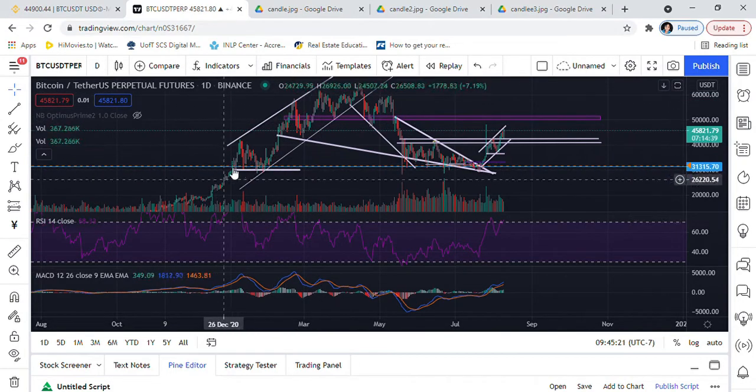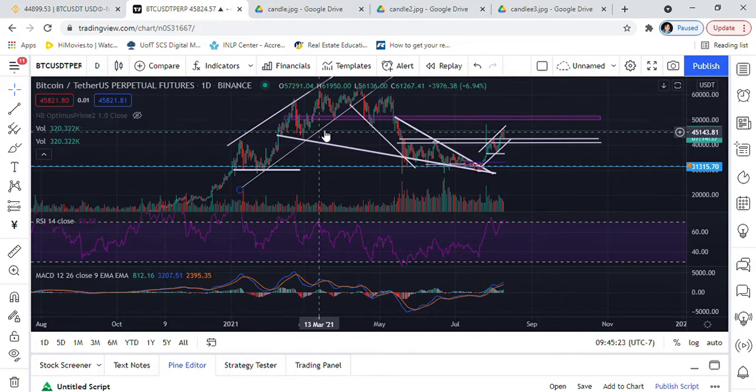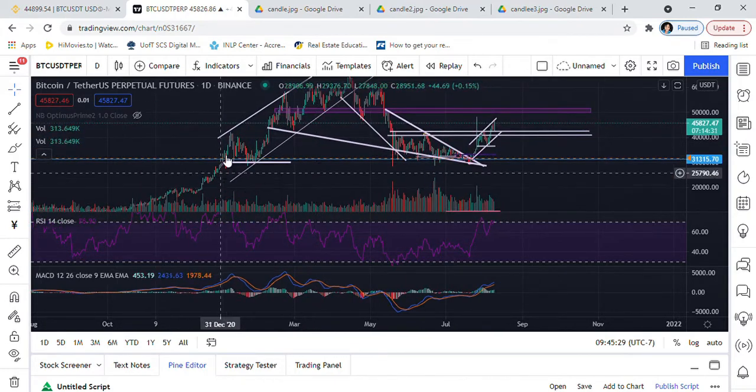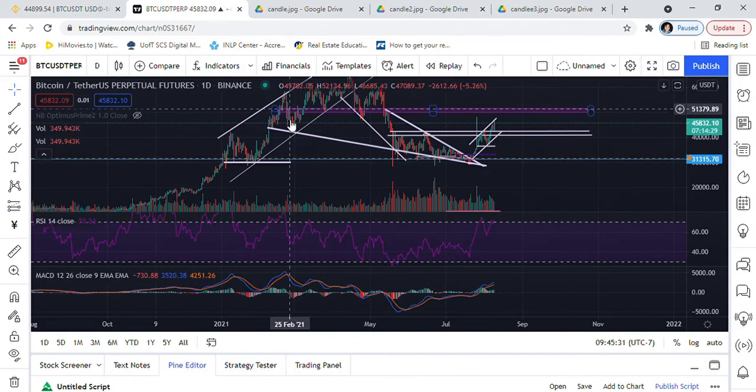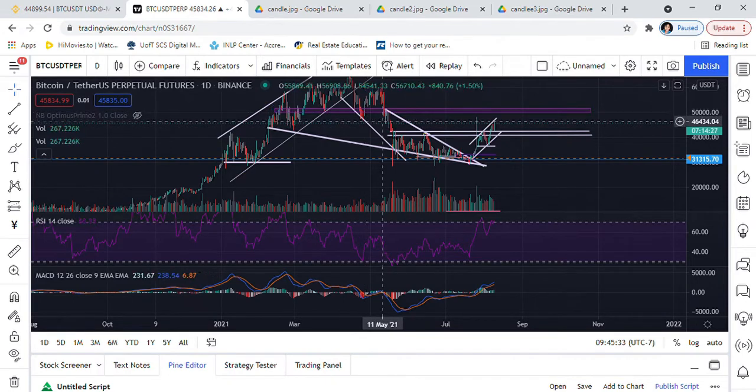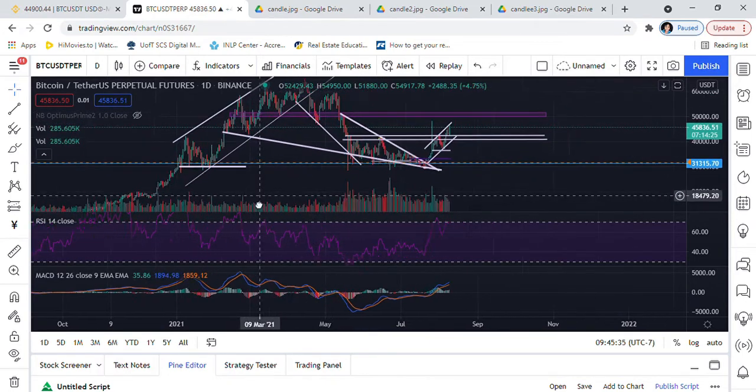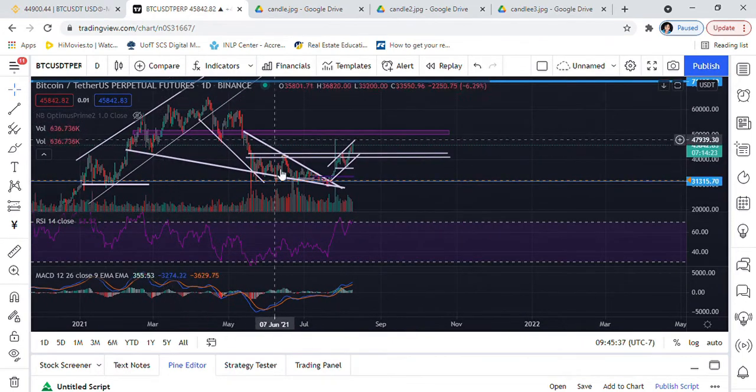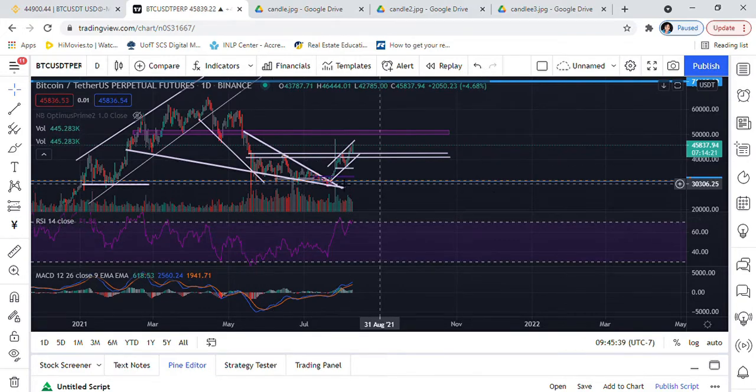It's kind of like a stair, going up, right? That's how you identify an uptrend. Whenever you see a higher high and a higher low, we are in an uptrend. And when you see a lower high and a lower low, we are in a downtrend.